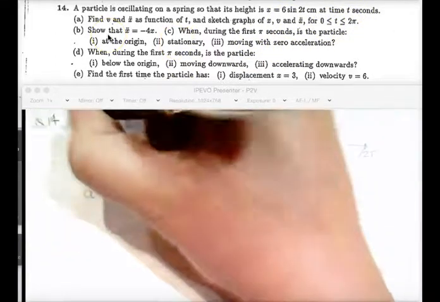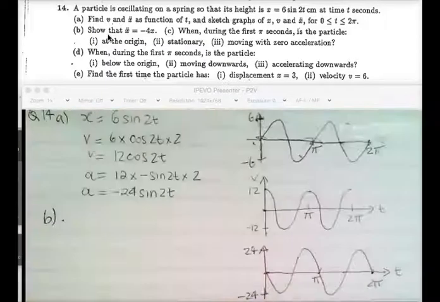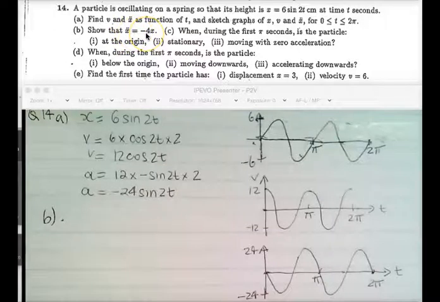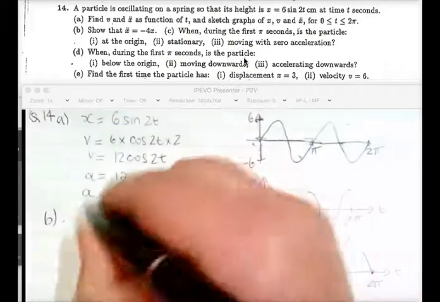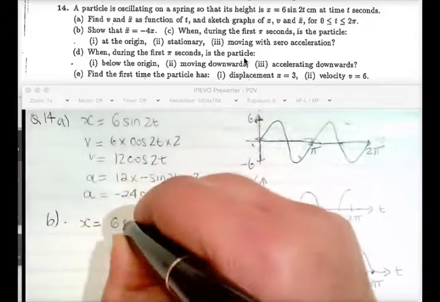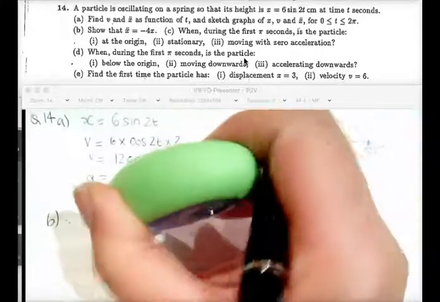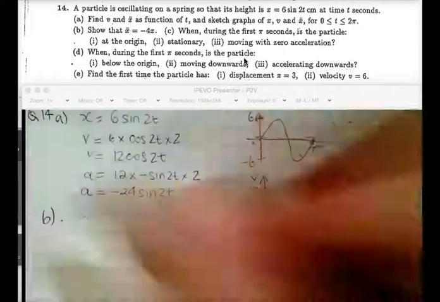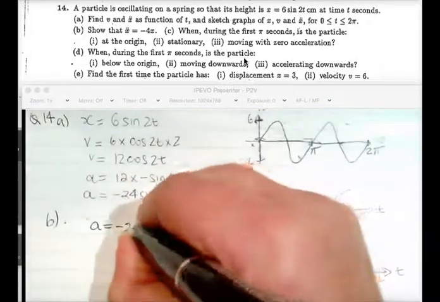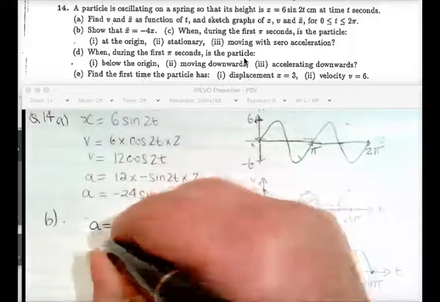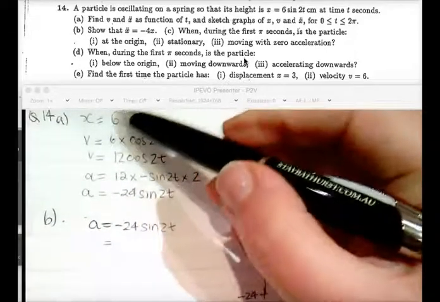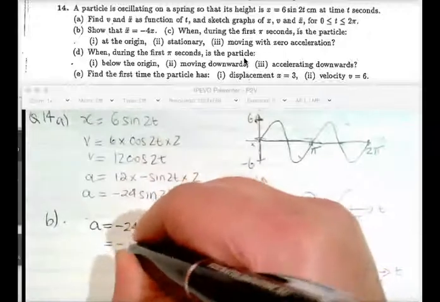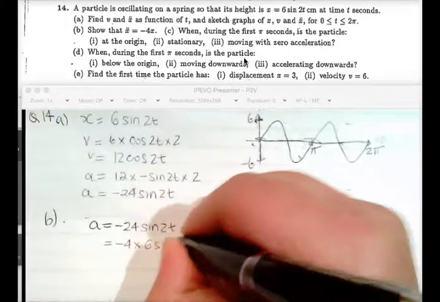And part B says to show that acceleration equals -4x. Now look, this is sort of moving into simple harmonic motion a bit, but what we'll do, we know that acceleration equals -24 sine 2t, which is in terms of, remember, x is 6 sine 2t, so it would be negative 4 times 6 sine 2t.